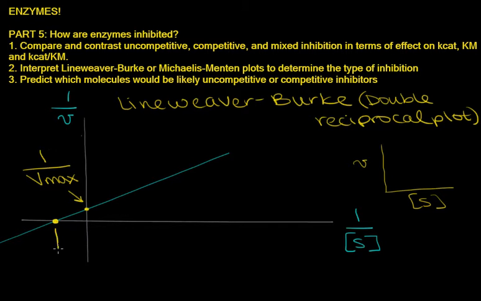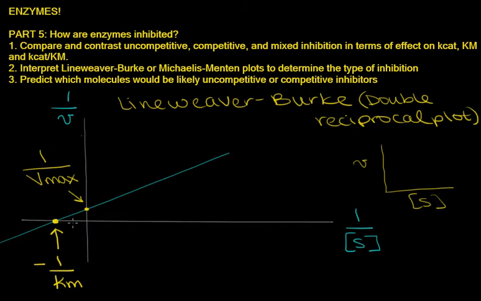So this, being on the negative part of this plot, we have to take the reverse of that. Negative 1 over the Km is the x-axis intercept. So we have a really great way to get quantitative measures of the Vmax and the Km.